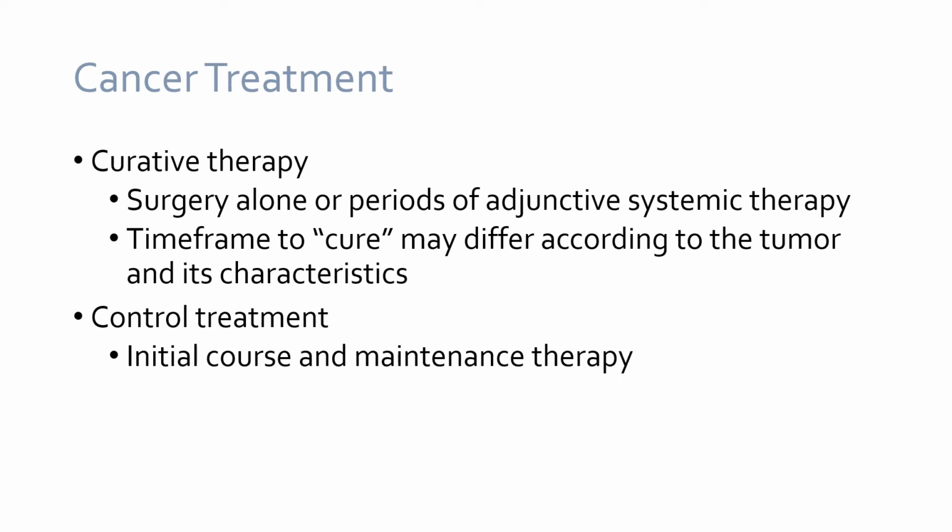So curative therapy, sometimes it is surgery alone. This is the treatment that is expected to have the greatest chance of eradicating the disease. It may include surgery, radiation, chemotherapy, hormonal therapy, targeted therapy.